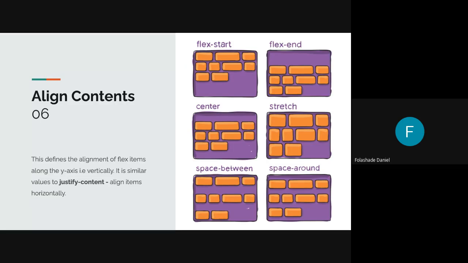The align content property is similar to justify content because it has the same values: flex start, flex center, stretch, space between, and space around. The only difference is that these items are aligned vertically, but for justify content it is horizontally. That is the major difference between justify content and align content.